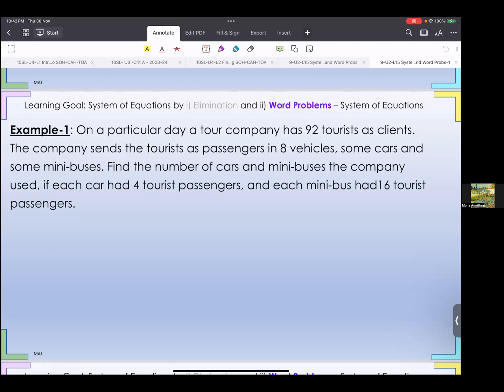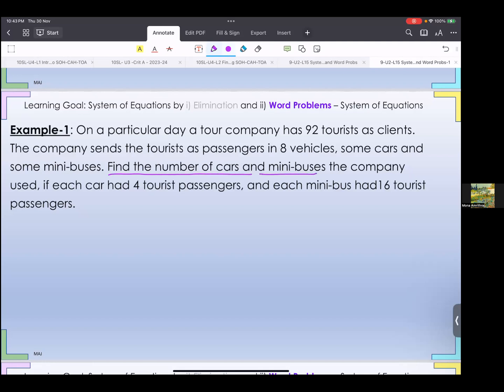So while doing questions like this, the very first thing you want to do is define variables. And what are the variables? It's usually helpful if you define your variables based on what the question is asking. Now, the question is asking you, find the number of cars and minibuses.